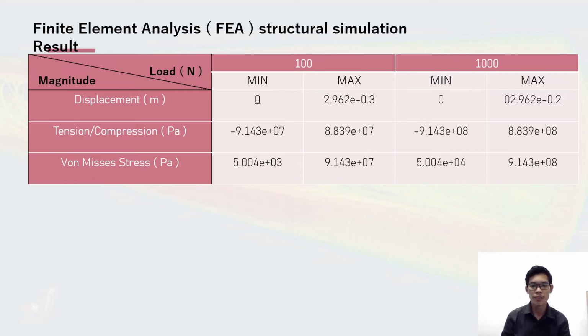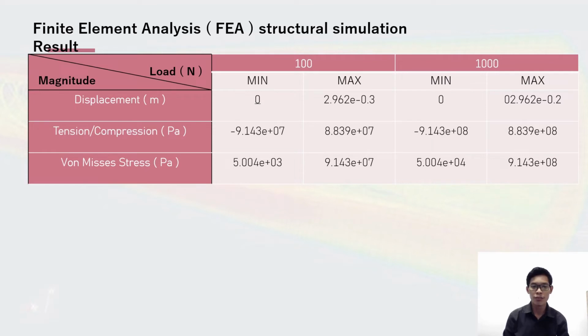For the displacement at 100 Newton, the minimum is 0, while the maximum value is 2.962 E minus 03. For the tension or compression at 100 Newton, the minimum is negative 9.143 E plus 07, while the maximum value is 8.839 E plus 07.